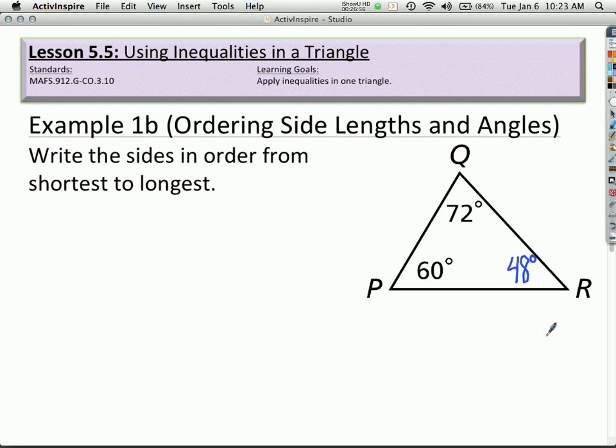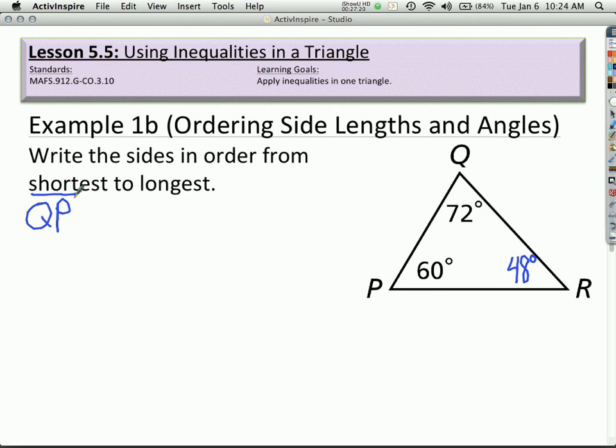So now we can rank the lengths of the sides. Which side is going to be the shortest? Alexandra? Segment QP is going to be the shortest.